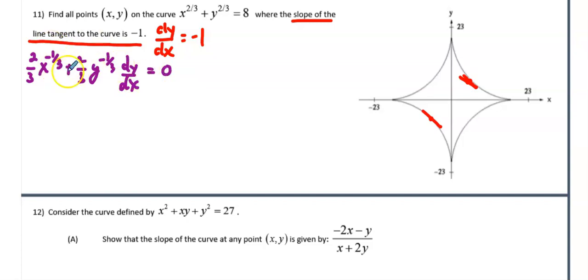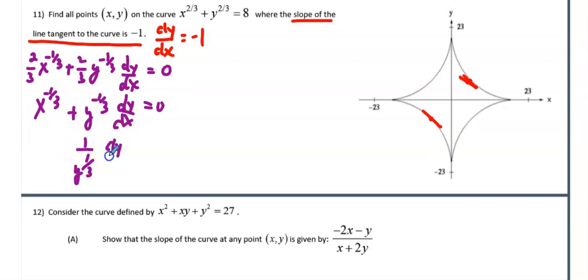The first common thing that I think we can do here is just divide everything by 2/3. Very straightforward. 2/3 is going to go away, so we're really happy with that. And then the next thing is we want the dy dx by itself, so we're going to move the x to the -1/3 over. I'm going to go ahead and just keep the powers now positive.